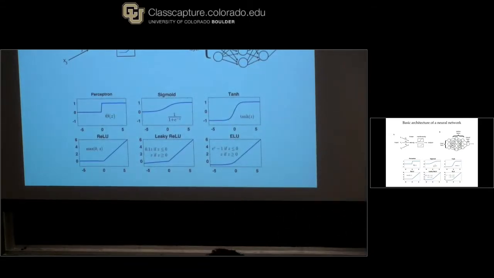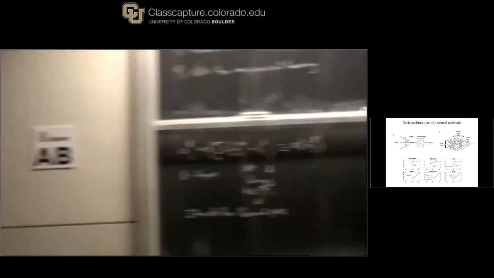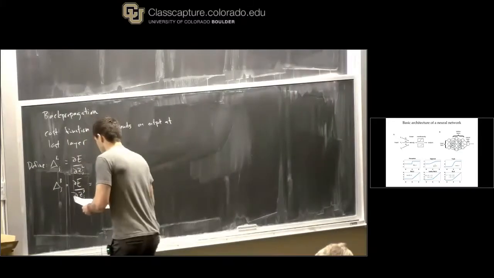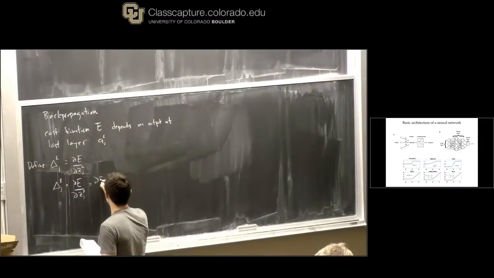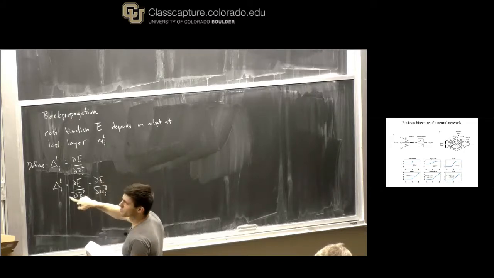So we can use the chain rule here to say that this is equal to the derivative of the error with respect to its outputs times the derivative of A with respect to Z, which is just sigma prime, right?